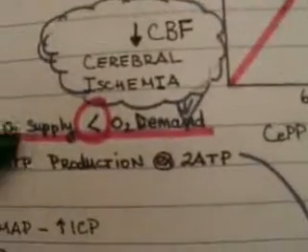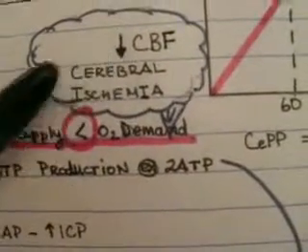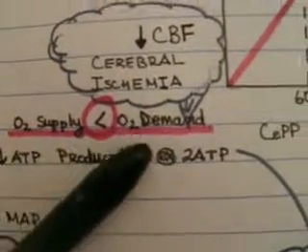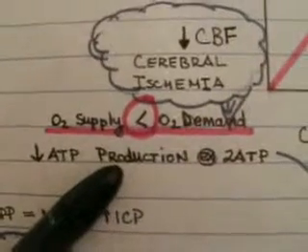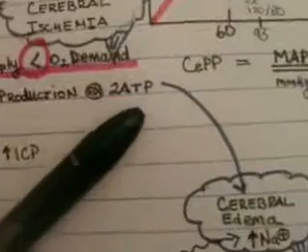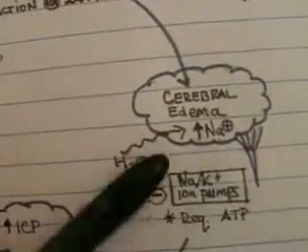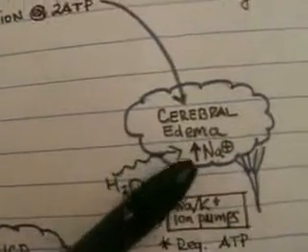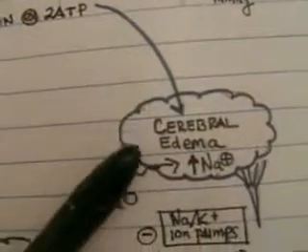So once again we can see cerebral ischemia occurs when the cerebral blood flow no longer supplies the adequate oxygen supply which meets the brain's oxygen demand. ATP production becomes inhibited and no longer can maintain the neuroelectrical activity, for example the sodium-potassium pumps, as well as no longer maintains the intact cellular membrane integrity.